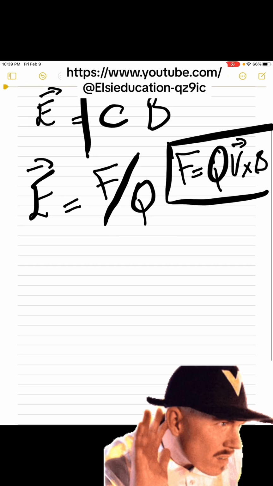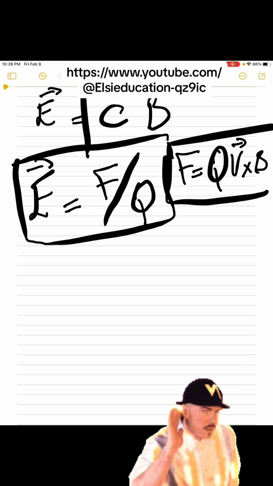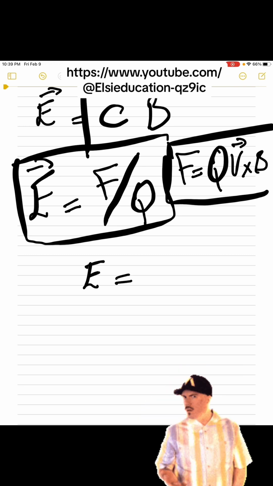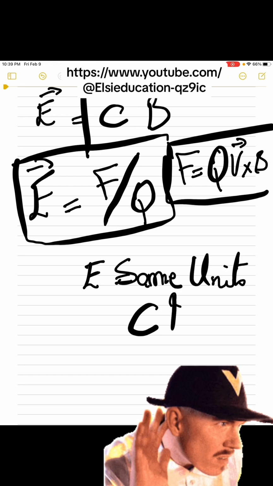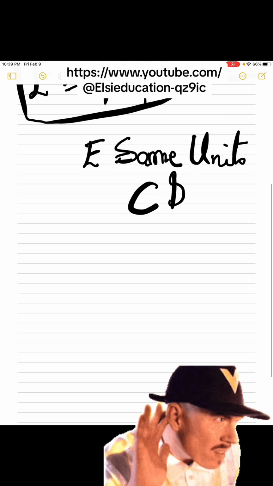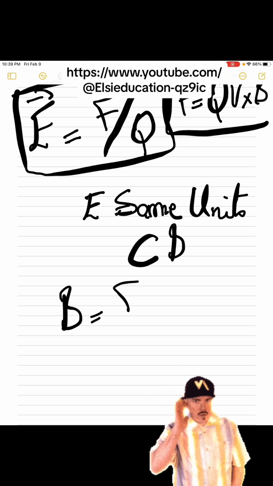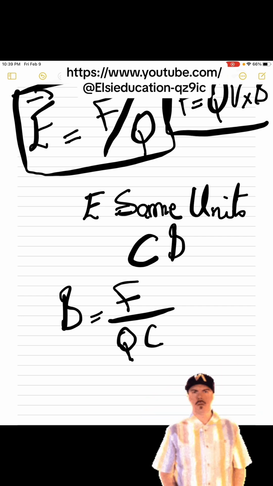Okay? So if you come to this side here, the electric field has the same units as the speed of light multiplied by the magnetic field. Going back here and isolating, the magnetic field is equal to force divided by the charge divided by the speed.